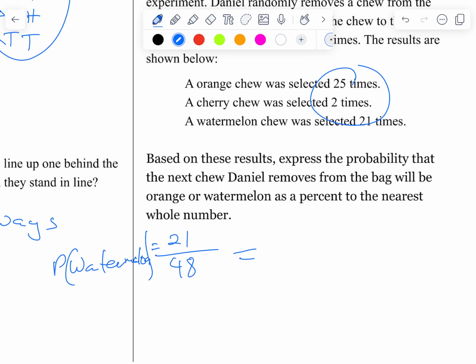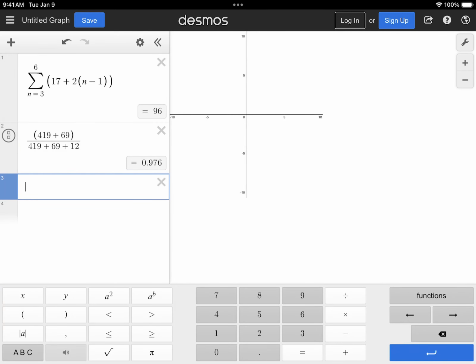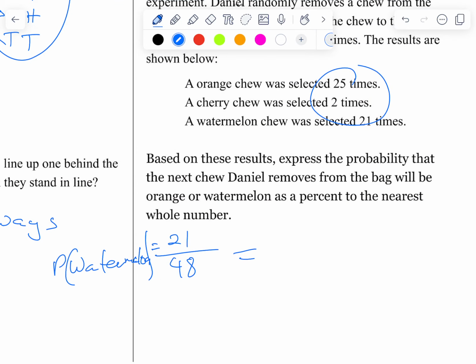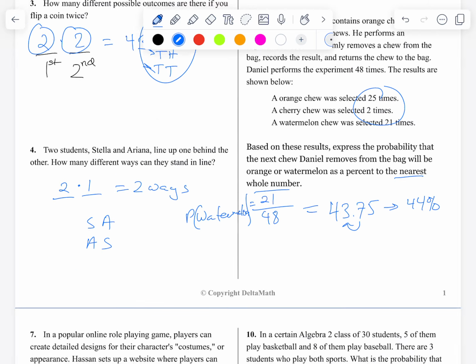So 21 out of 48 is 43.75. So it's 43.75%. Nearest whole number would be 44% if I rounded it up.